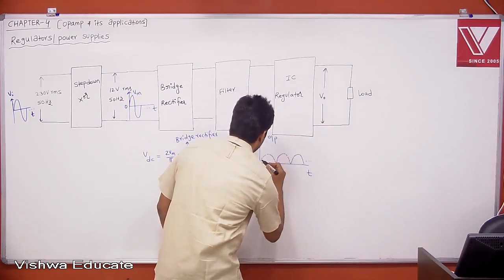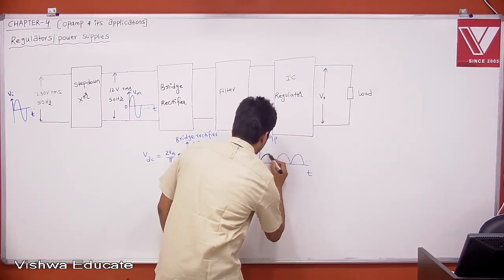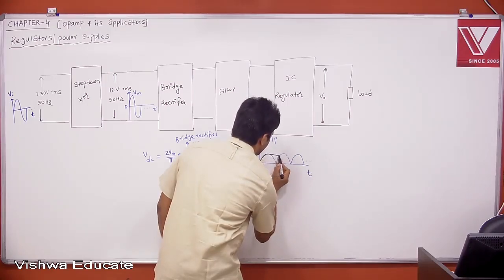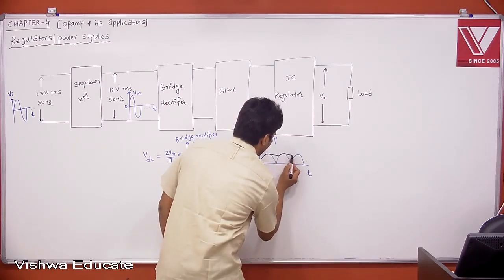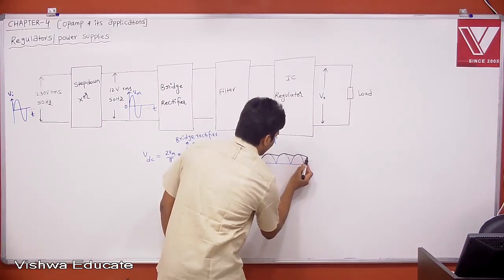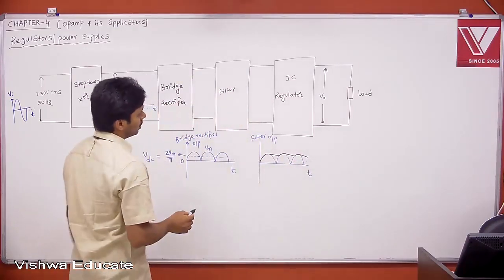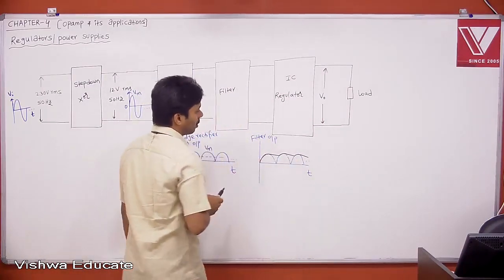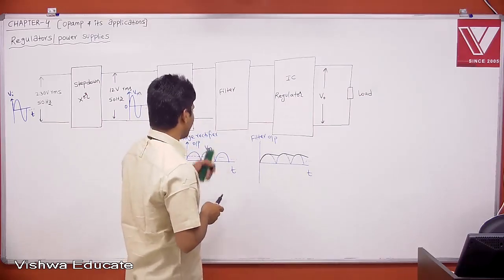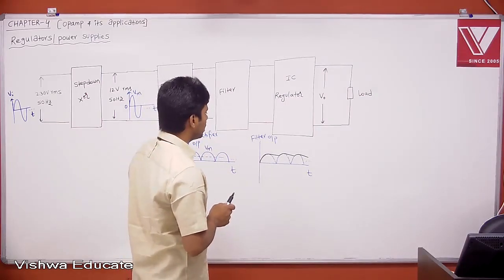Therefore, it is trying to charge to this voltage and keep it. Then you can expect a little bit of discharge. Again, it charges to the peak, and it is trying to track the envelope. Therefore, this is your output. It is almost charging to the peak value.